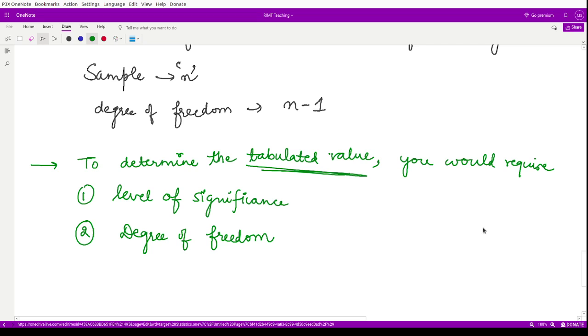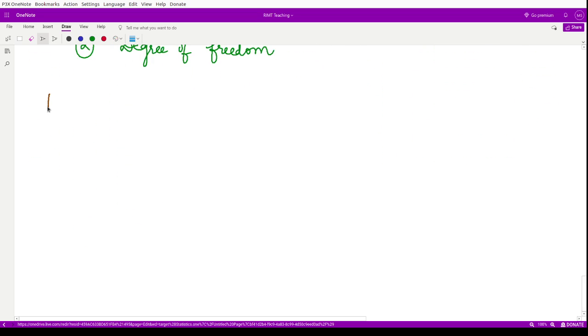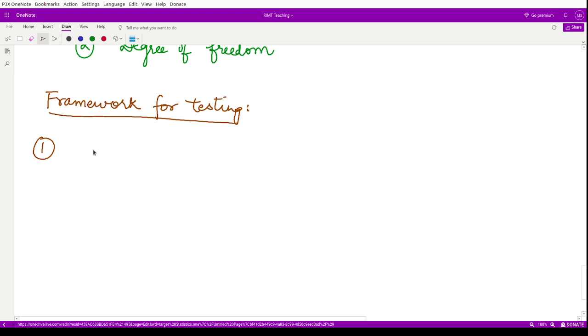So majorly, let me summarize what we have discussed. So the framework for testing, let me write that down. So firstly what we do, we formulate the null and alternative hypothesis. That is the first step.